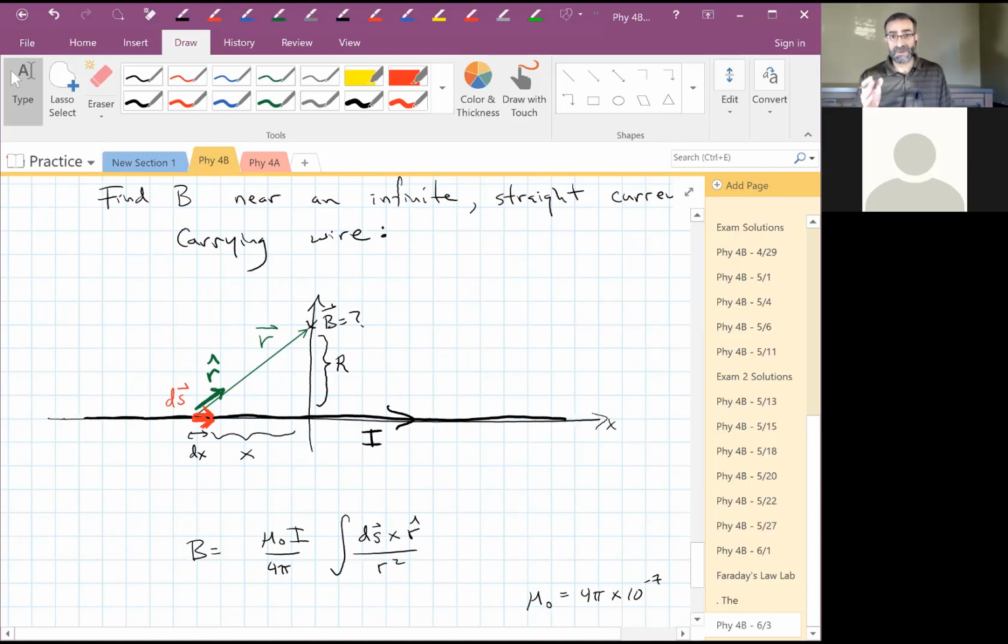So it's the angle we get when we put their tails together, ds and r hat. When we put their tails together, that is theta. So it's that angle right there. And the sine of that angle is capital R over little r.